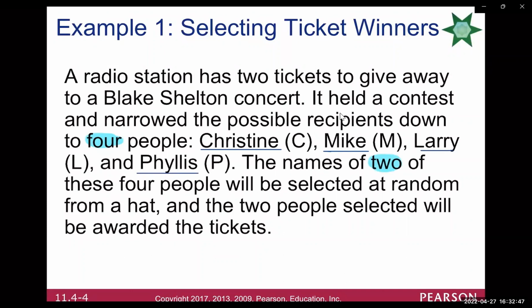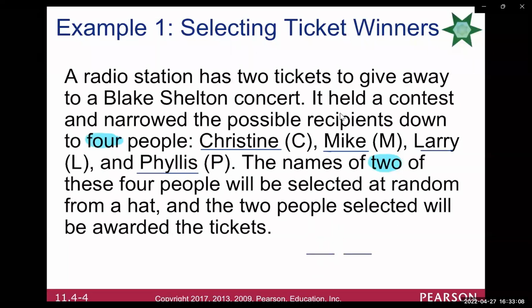All right, so let's see if we can figure out the sample space. So there are 2 tickets that are going to be given out. So 1 or 2 people are going to be chosen. So how many possible people can be chosen first?